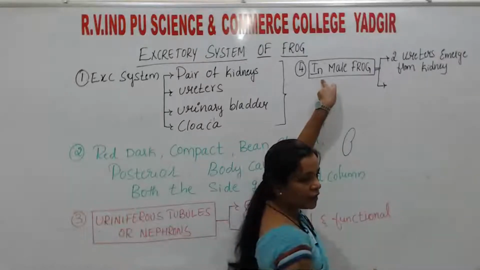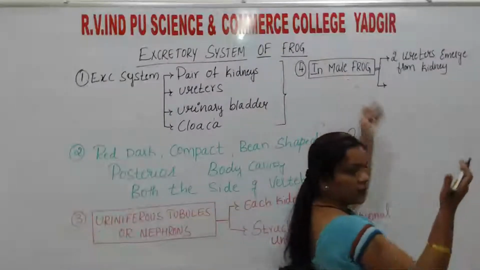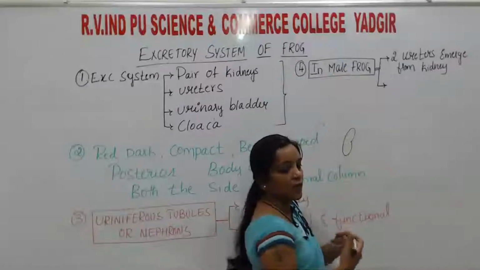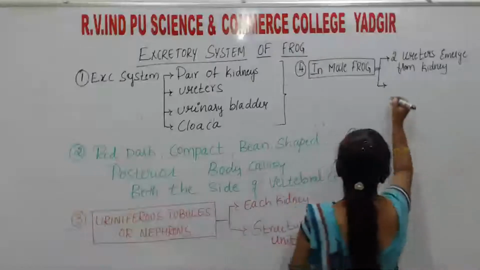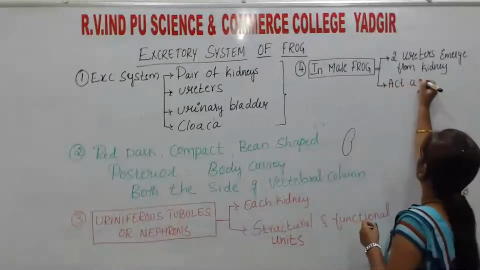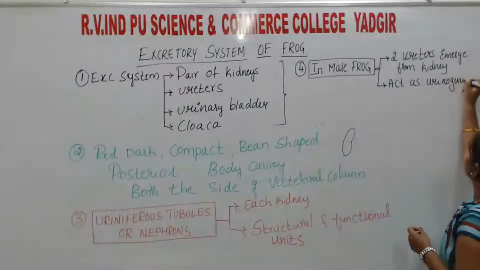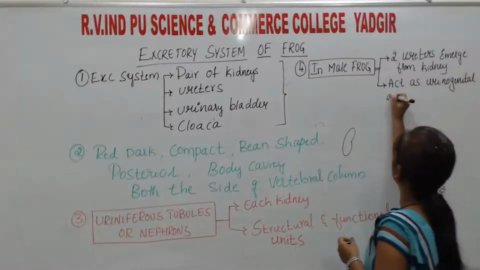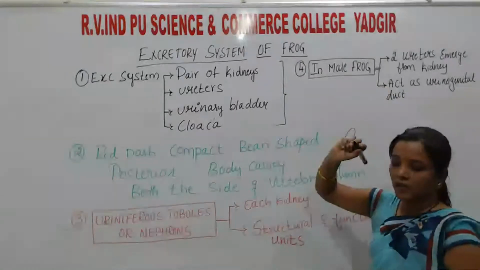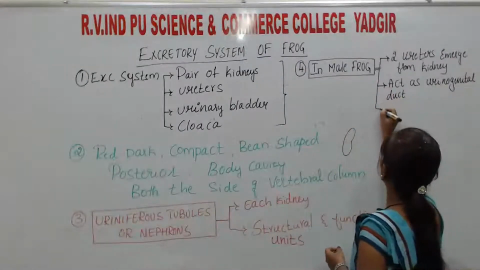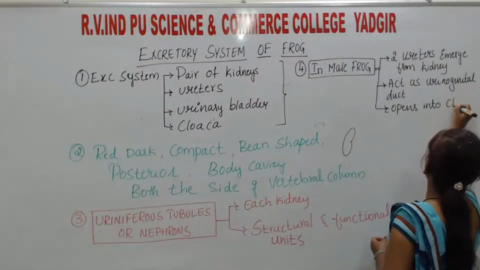Particularly in the male frog, two ureters come out of the kidney and act as a urinogenital duct, which opens into the cloaca.